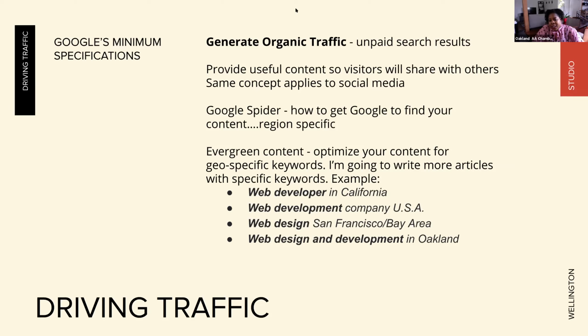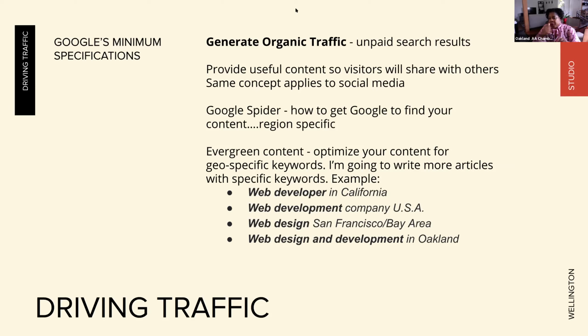Google has what we call the Google Spider. The Google Spider is how Google finds your content. I always try to be very region specific, meaning I try to create evergreen content and optimize certain content for very geo-specific keywords.